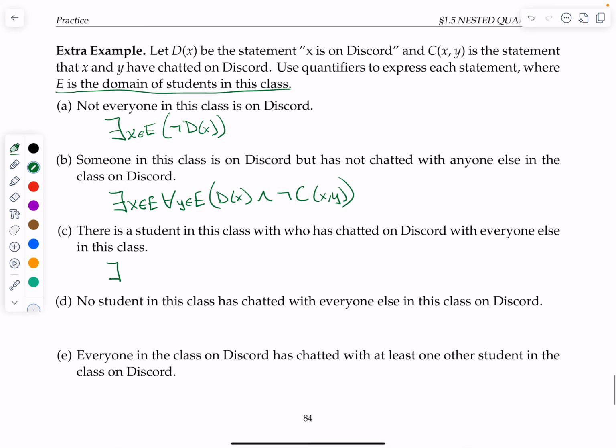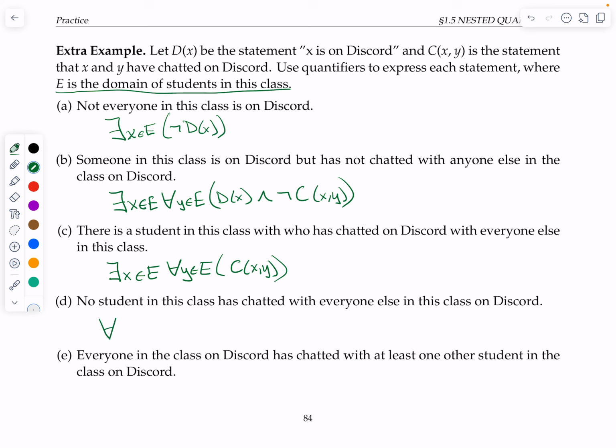There is a student in this class who has chatted on Discord with everyone else in this class. So then for every other student in this class, they have chatted. How about that? No student in this class has chatted with everyone else on Discord.